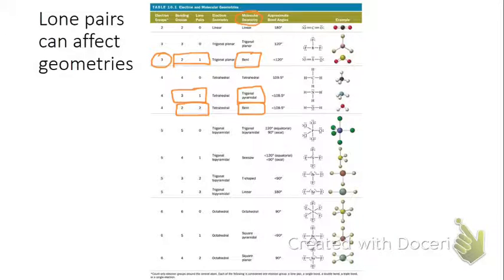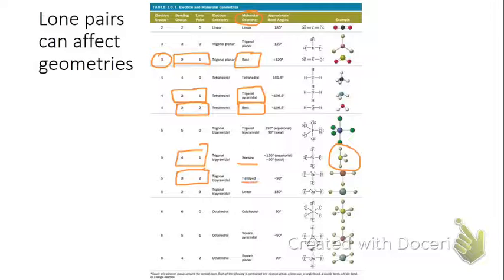So 5 groups, right? 5 electron groups, 4 electron groups with 1 lone pair. You get this guy. It's known as a seesaw. I really like this one. But notice where you put the lone pairs on something with 5 electron groups. It's a little bit harder to see with this 2 because they turn it on its side.